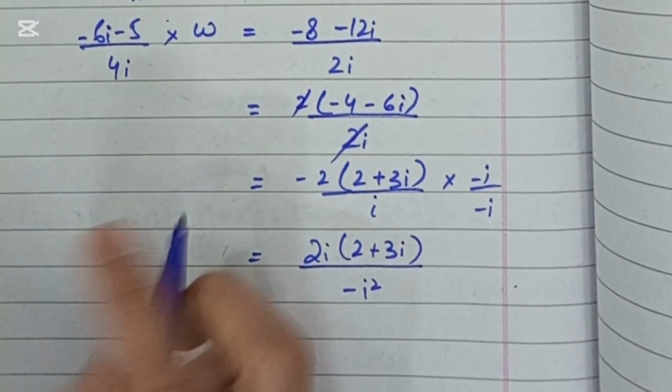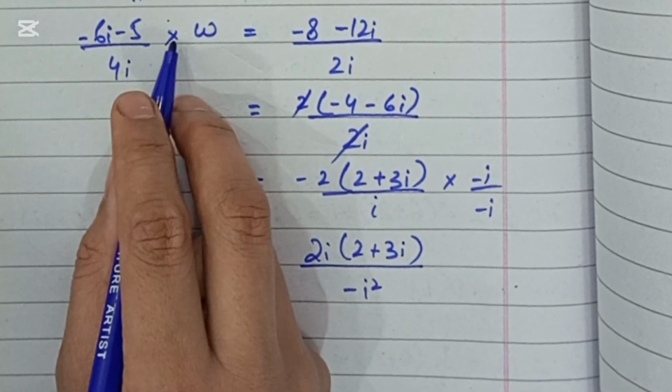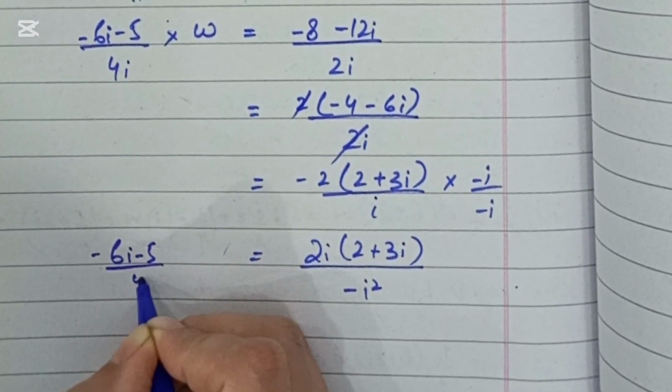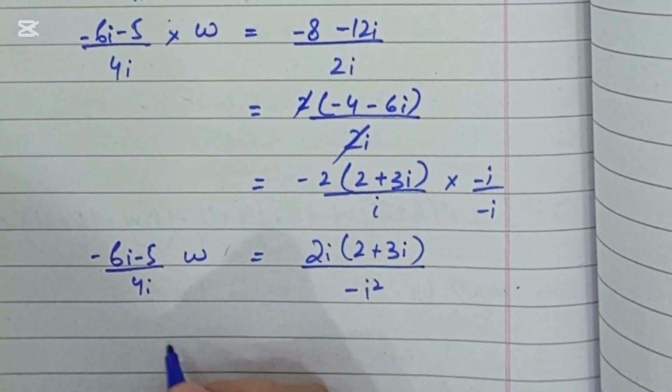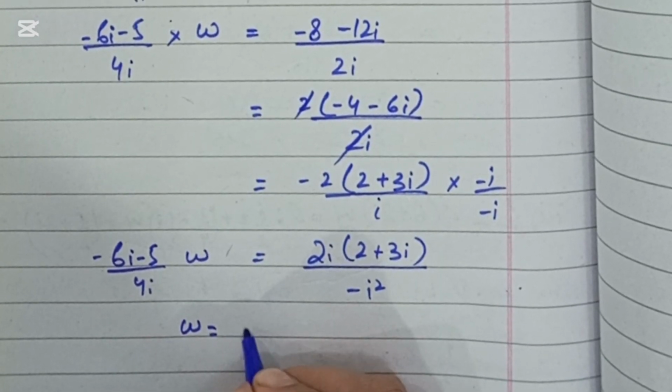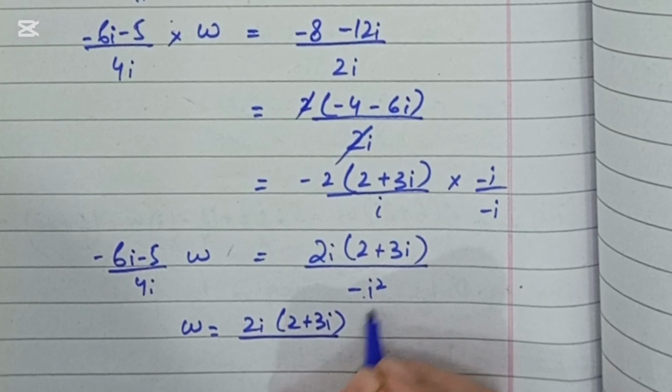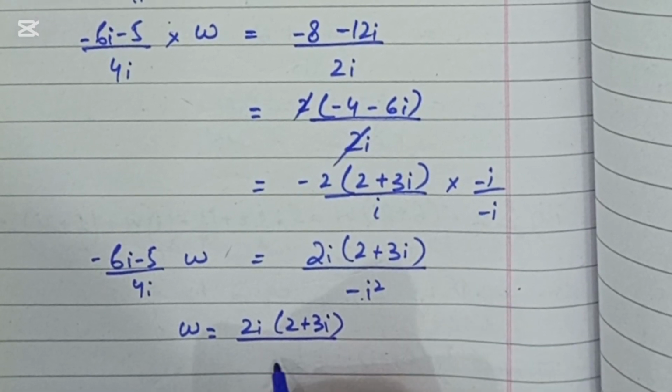And on this side check, minus 6 iota minus 5 divided by 4 iota, W. So W value will be 2 plus 3 iota divided by iota square minus 1, minus minus plus 1.